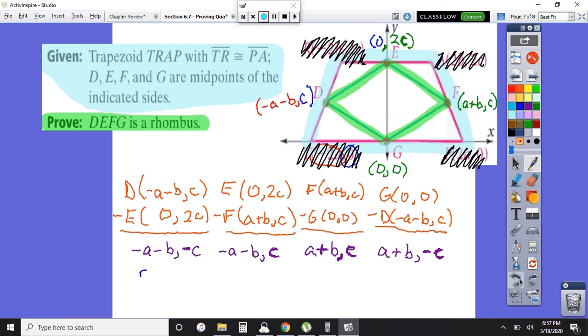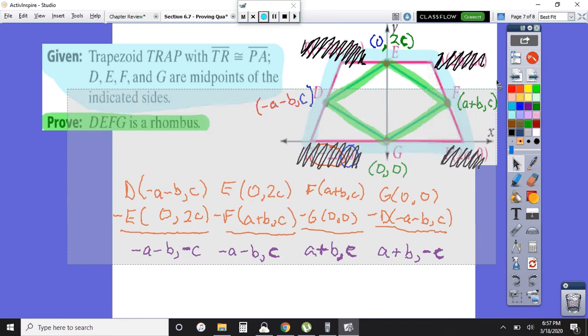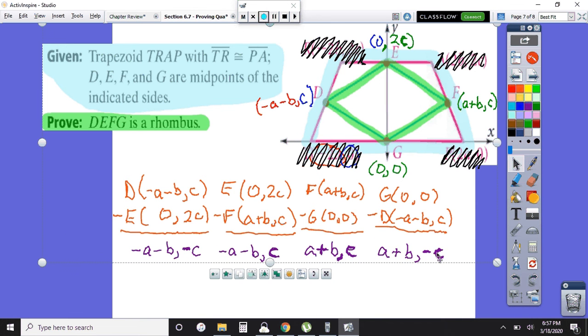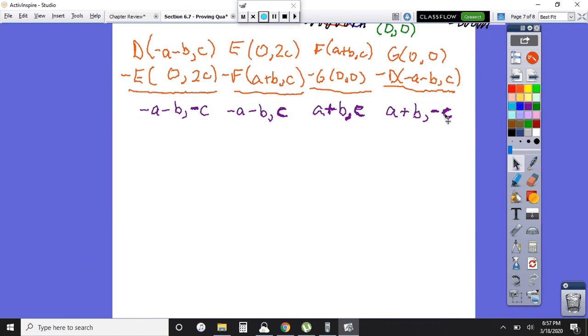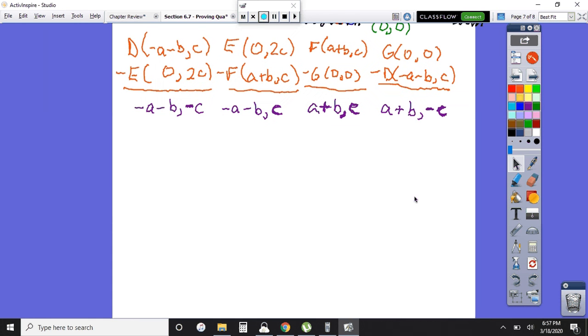All right, so let me clear those off here, and then let's get some room here. Let me push all of this up so that we can just focus on our points here. Okay, so now, if I wanted to find the distance between points D and E, we were using the Pythagorean theorem.